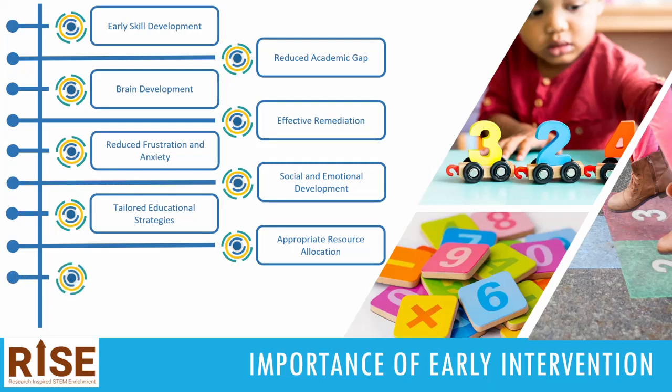Family support and involvement. Empowering families. Early intervention helps families understand their child's learning needs and equips them with strategies to support their child's learning at home. Early knowledge and intervention can reduce stress and uncertainty for families, allowing them to advocate effectively for their child.